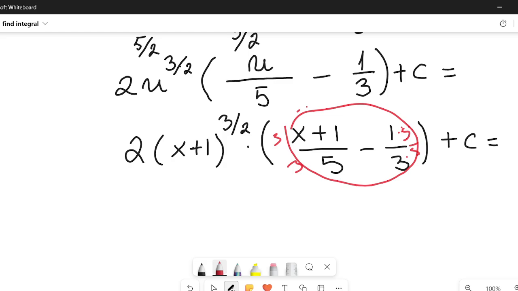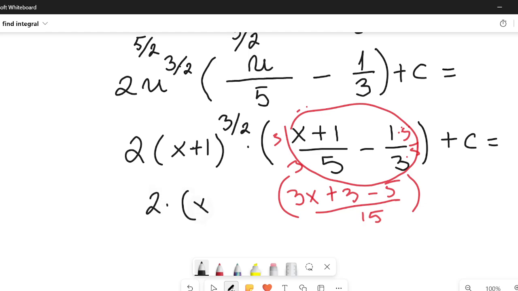So that's going to be 3x plus 3 minus 5 over 15, if we find the common denominator. And in front is going to be the same, 2 times x plus 1 to the power 3 over 2 times, and that's plus c.